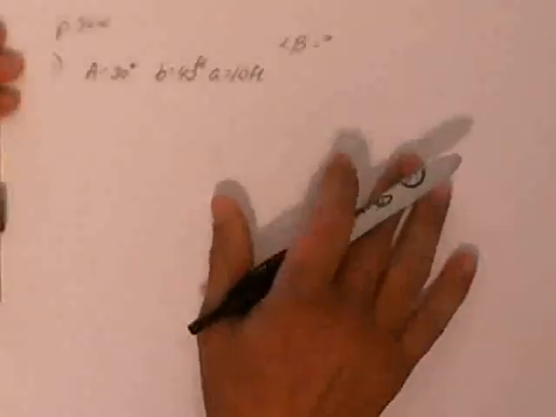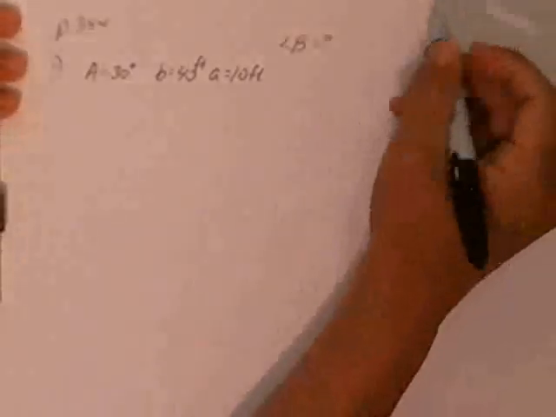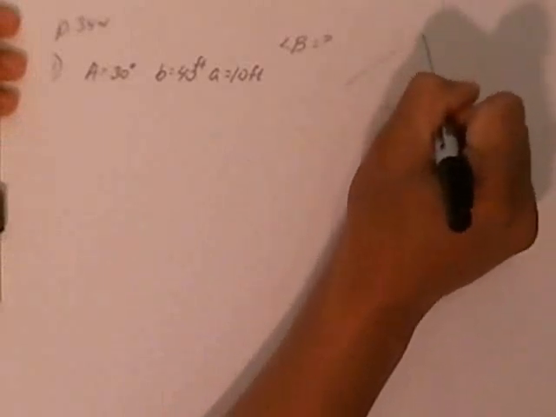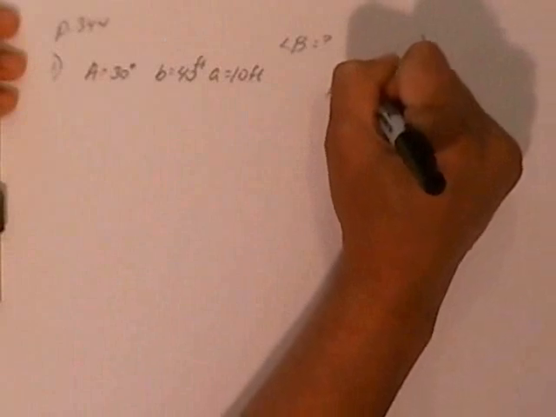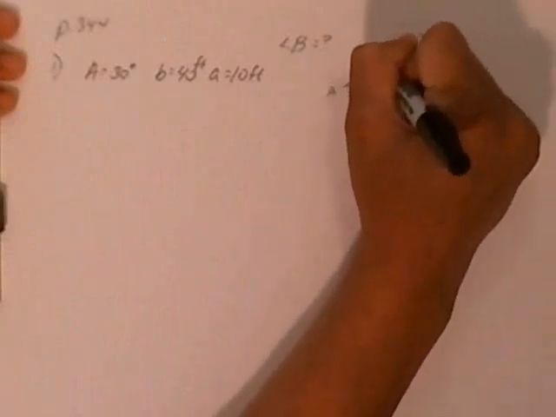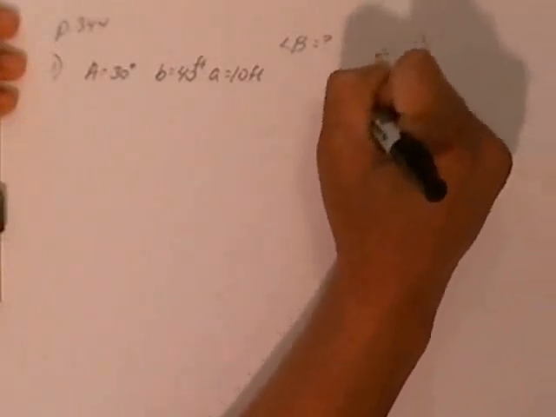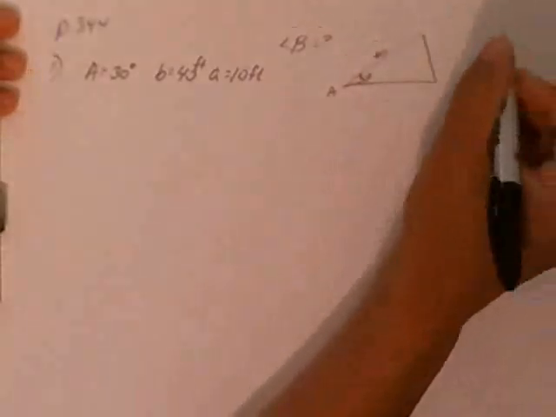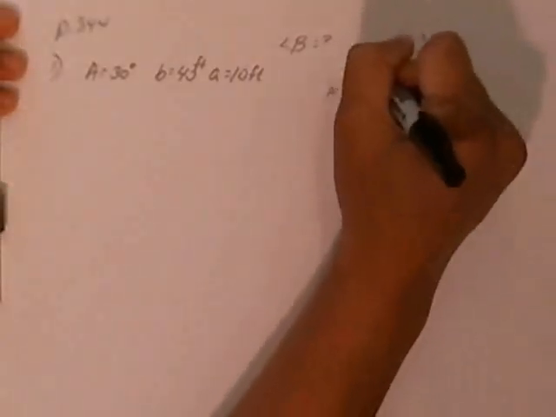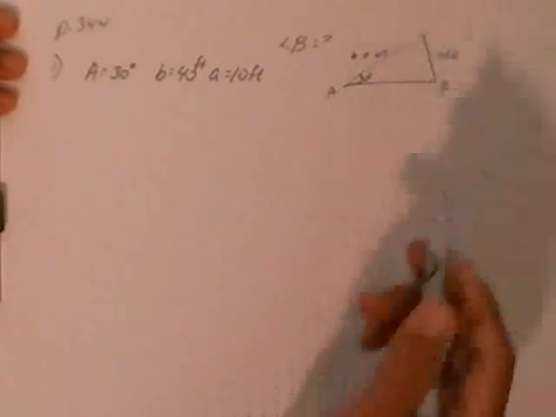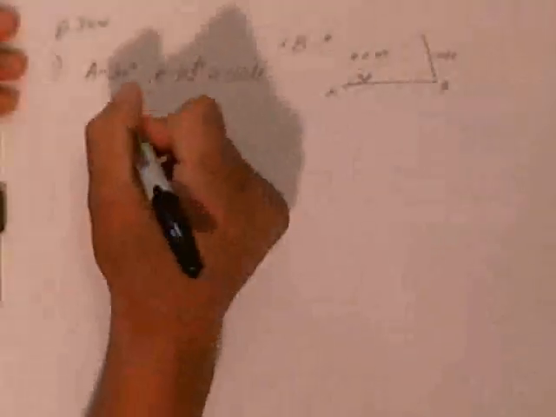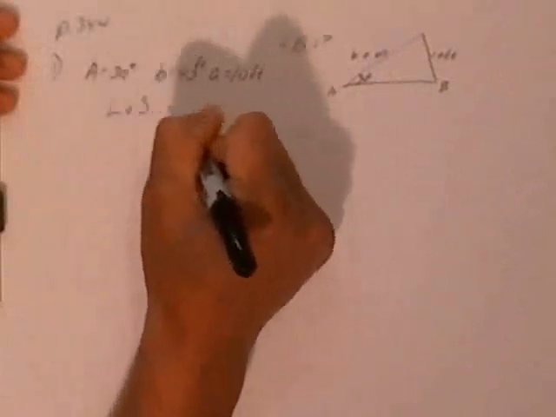Let's try to figure it out. Okay? First, we're going to try to draw a triangle, to see if it actually works or not. Angle A, that's 30 degrees. That's 40. Always the side to the left. And that's big B, little b, and little a is going to be 10 feet. And so you're going to use the law of sines.